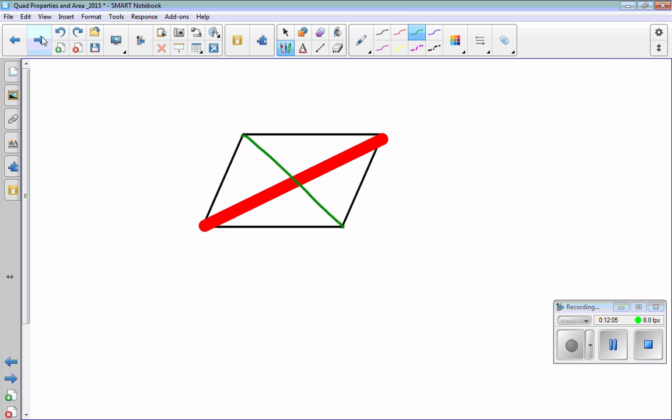But what's true about the diagonals? Look at the angles that are formed. Look at the picture first before you answer. Anybody know? The angles that are formed by the diagonals, what's true? They're 90 degrees. The diagonals are perpendicular in a rhombus. Okay, so we're going to write that.